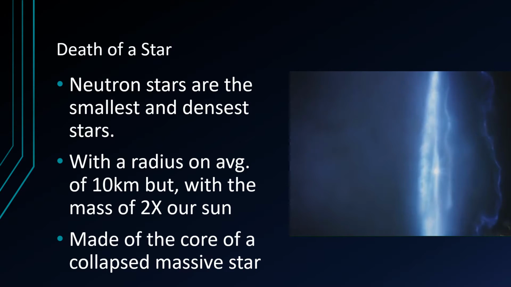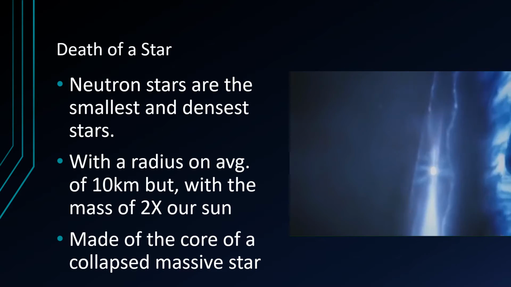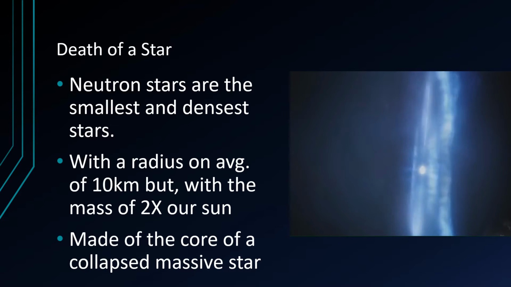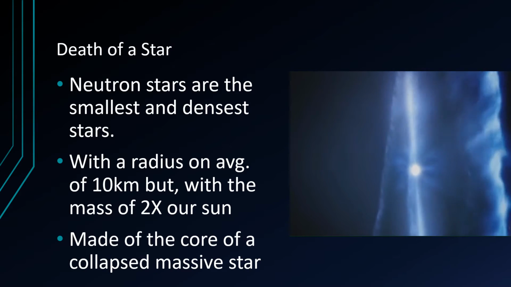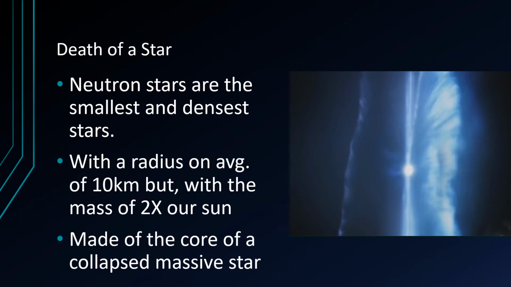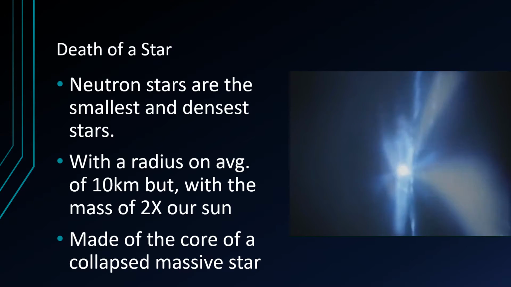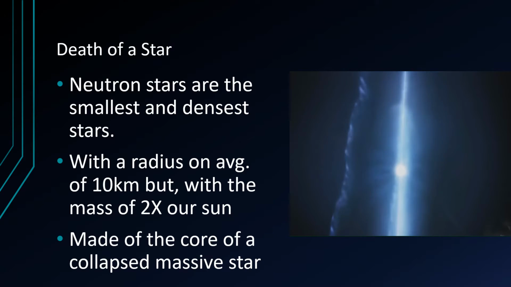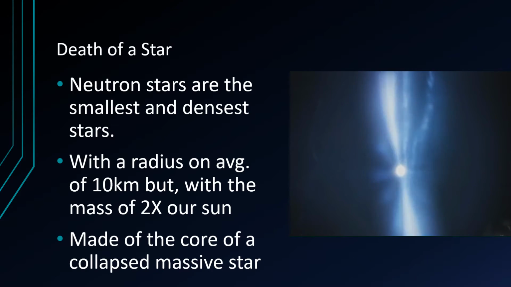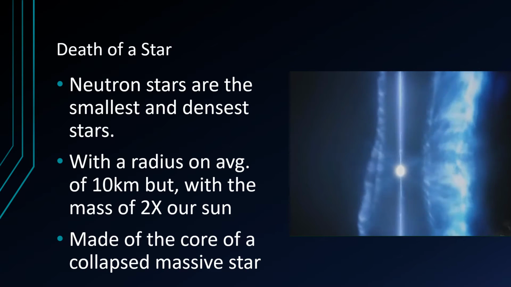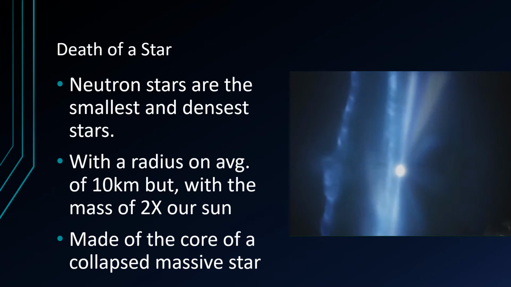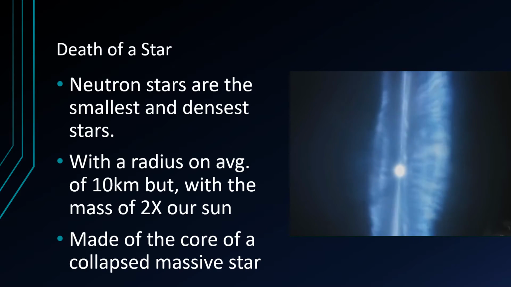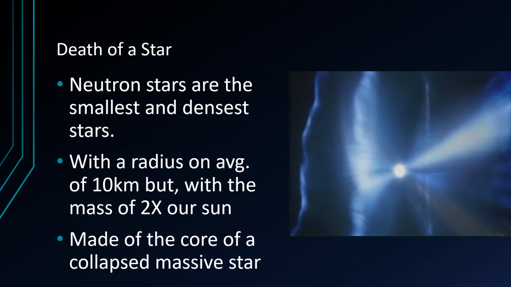So neutron stars are the smallest and densest stars, with a radius on average of 10 kilometers, which is smaller than a city. But it has a mass of twice that of our sun. If you were to try to take a spoonful, a cubic centimeter, full of the materials that make up a neutron star, neutronium, which is an amazing concept in and of itself. Basically, it's a star we believe made of only neutrons.